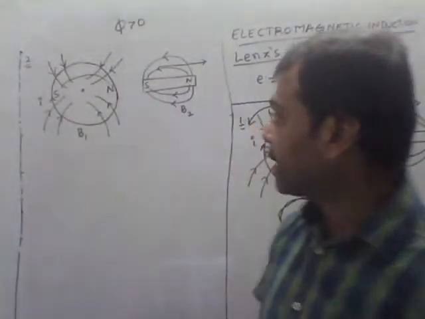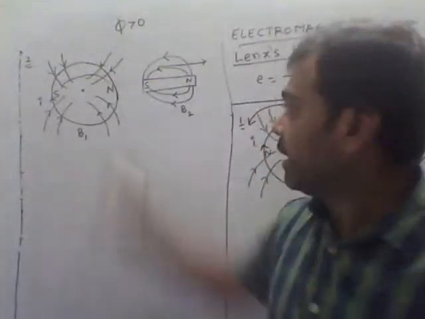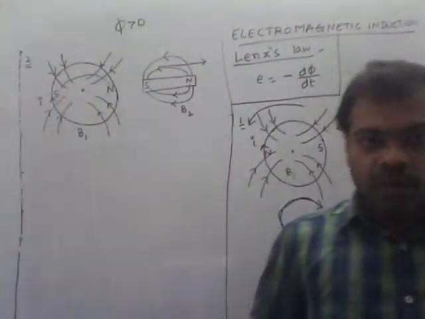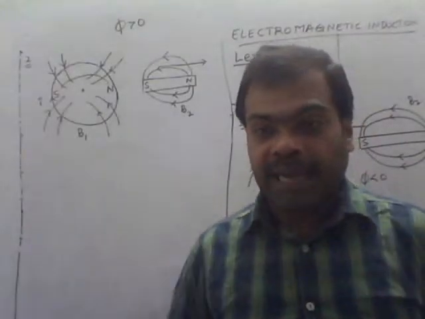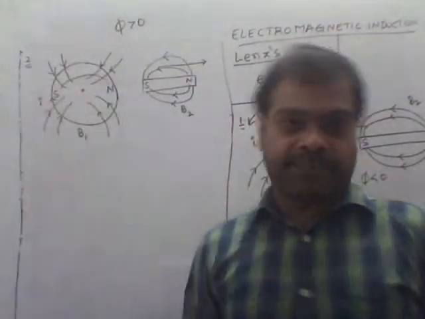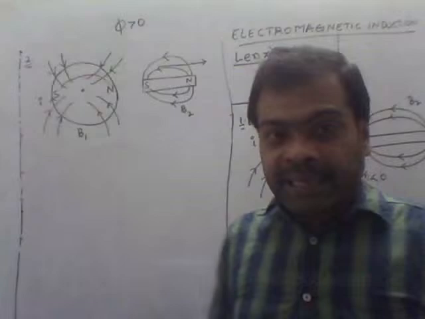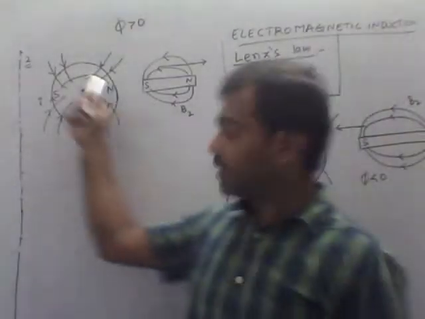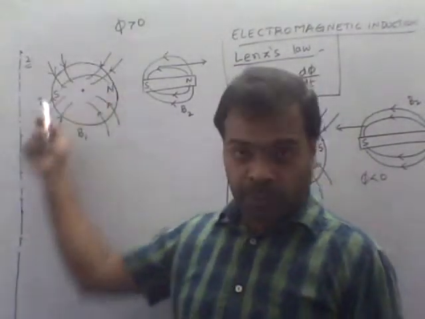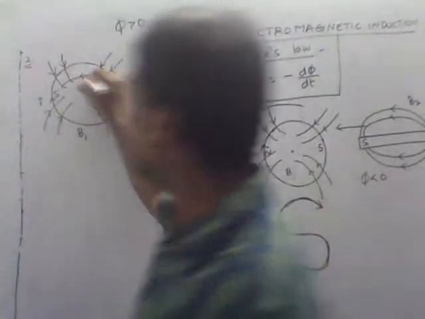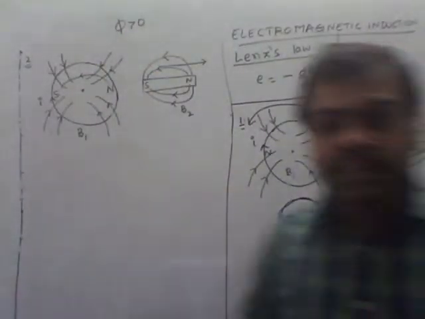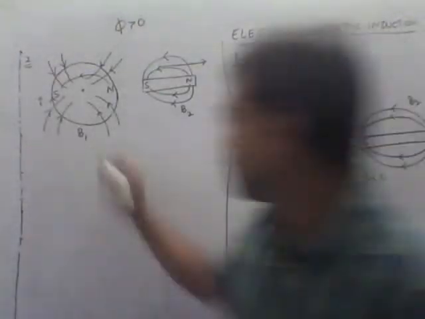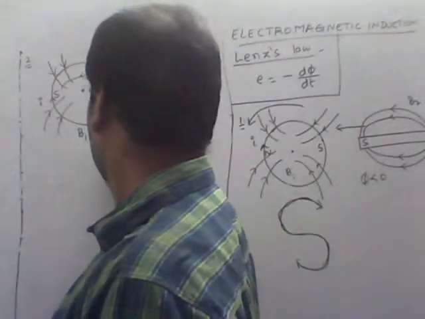Whenever it is attracting, here I am having the north pole and here the south pole. Now here it is induced current, moving from north pole to south pole, that is in the anti-clockwise direction. So the induced current will move in the clockwise direction.